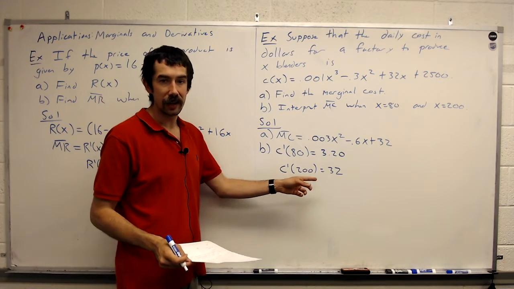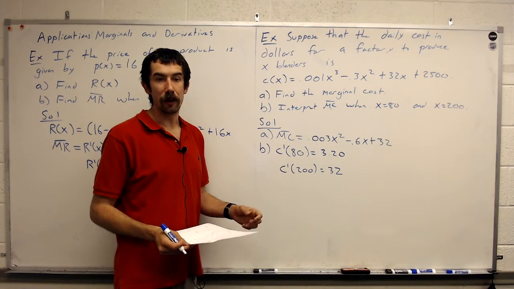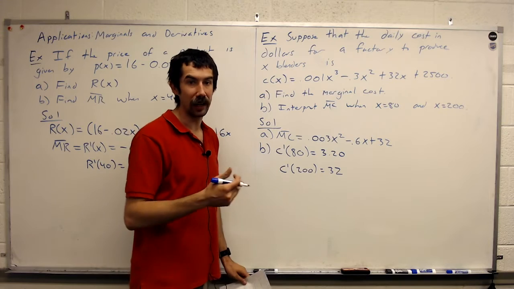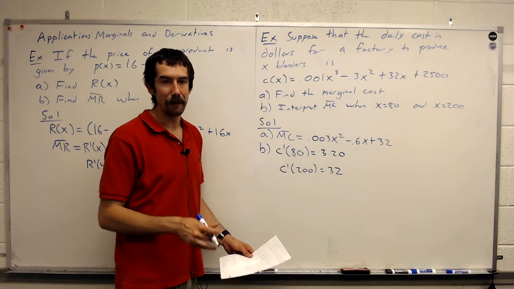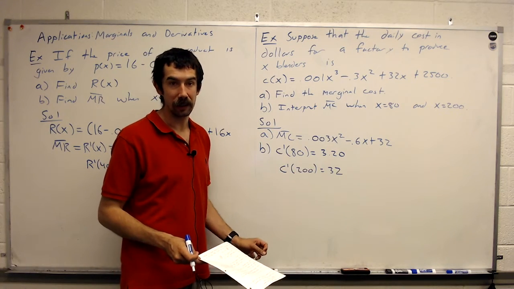C prime of 200 is 32. So producing that 201st blender increases our costs by $32.